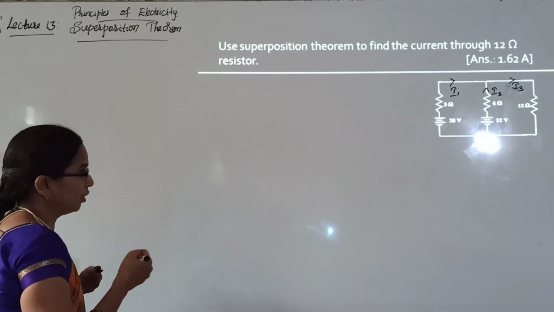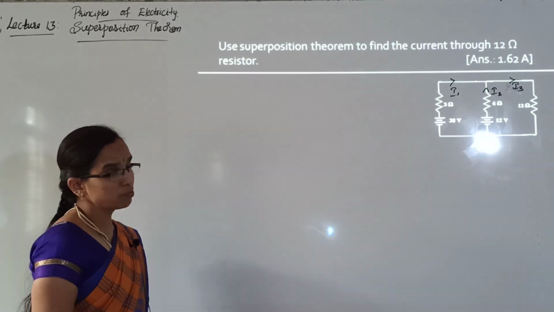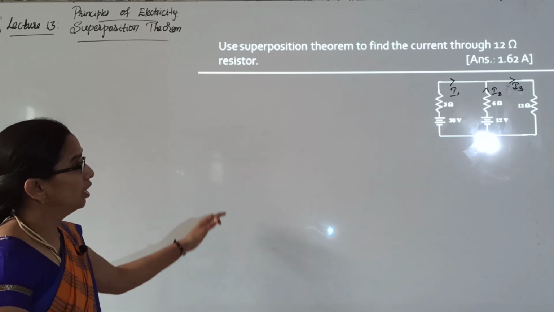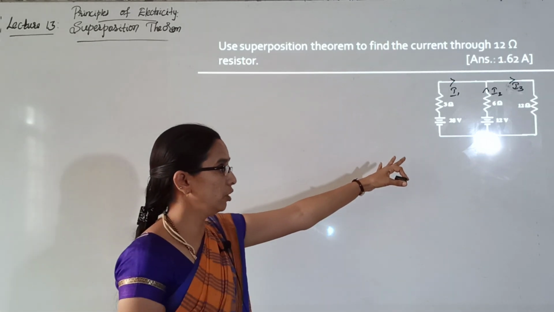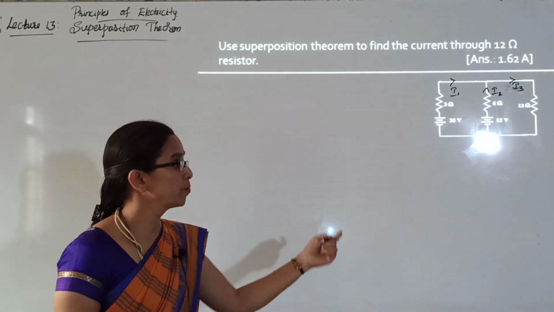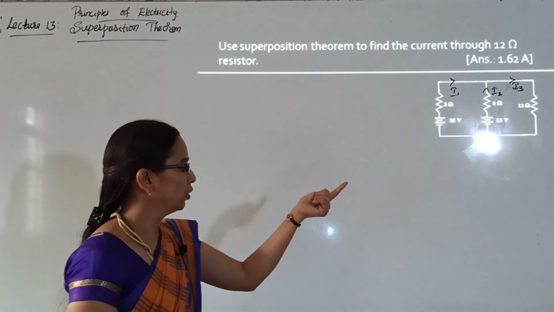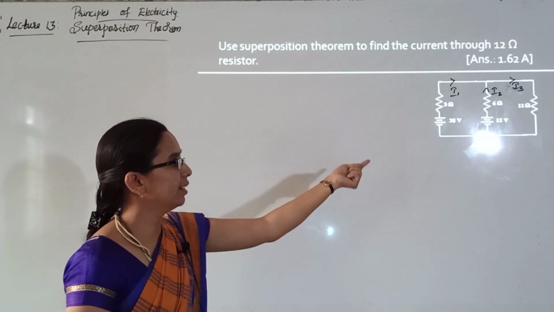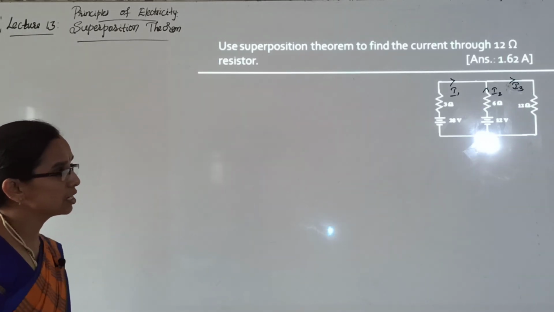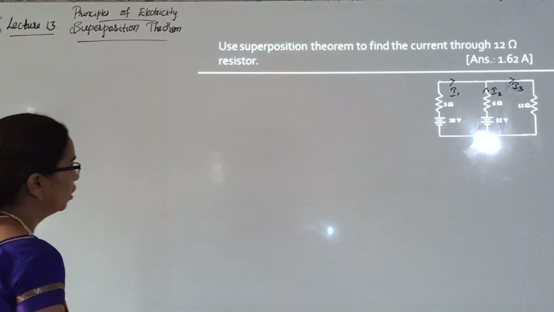Okay. Now the next problem here, we have the circuit which is having 2 sources, 28 volt and 12 volt, and 3 resistors, 3 ohm, 6 ohm and 12 ohm. Okay.